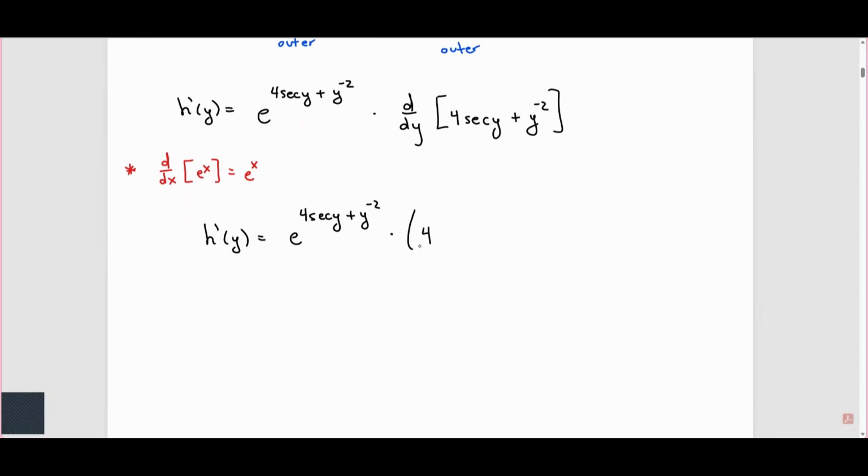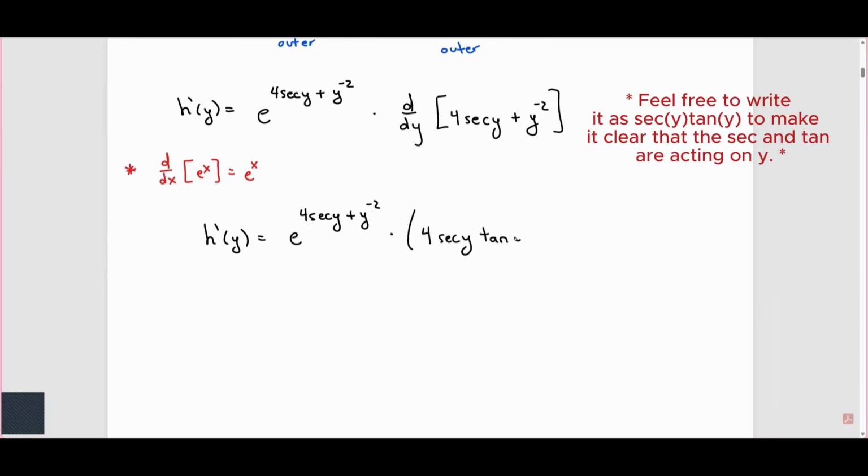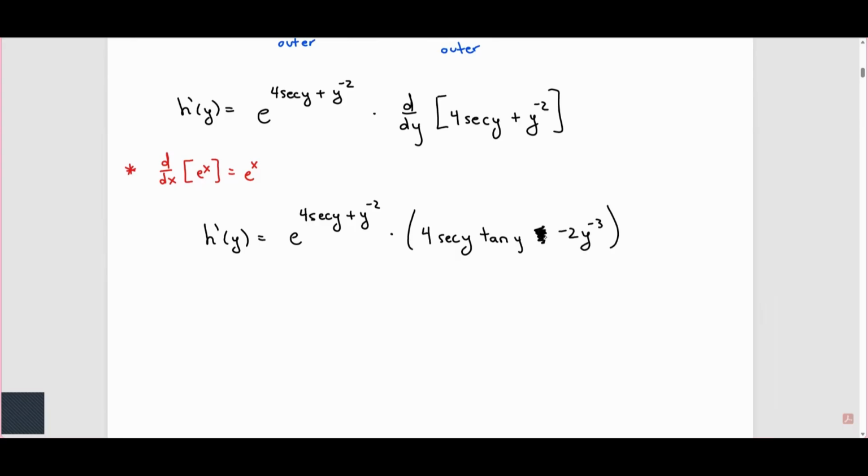So remember the constant coefficient, we just let it hang around. Now the derivative of secant is secant tangent. So I have a secant y tangent y. Plus, then I'm going to bring down the negative 2 and decrease it by 1. That's just the power rule. Now you're welcome to get rid of this plus because the plus negative 2 will just become a minus 2. Alrighty, and there's our derivative.